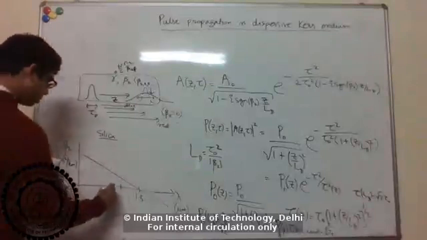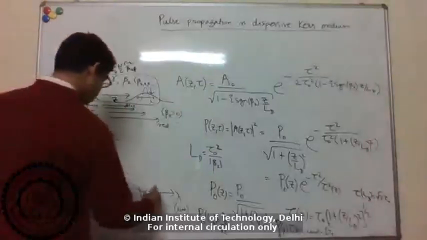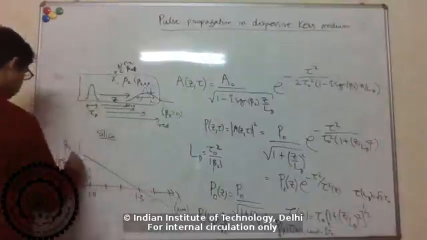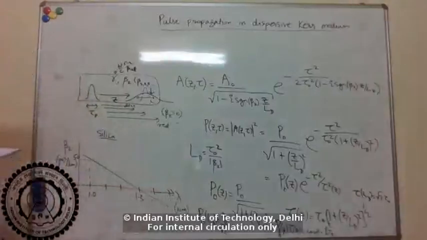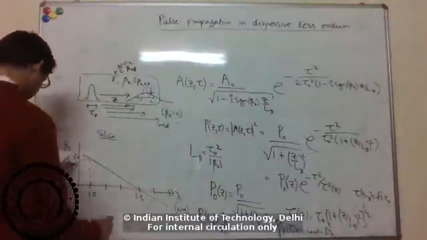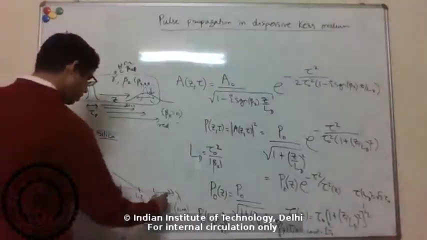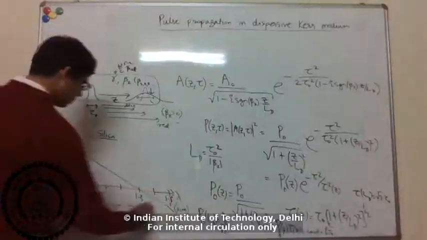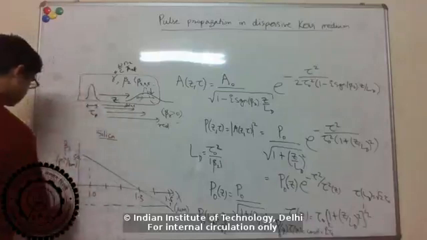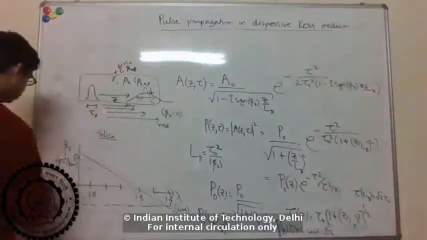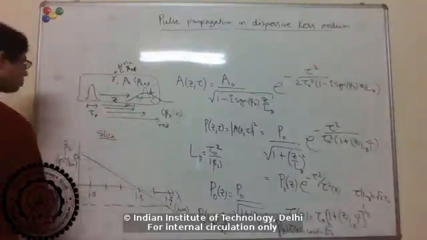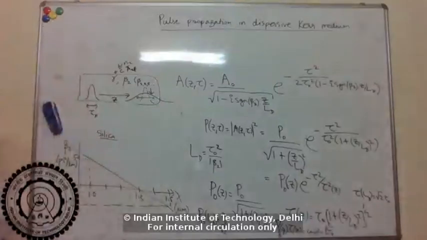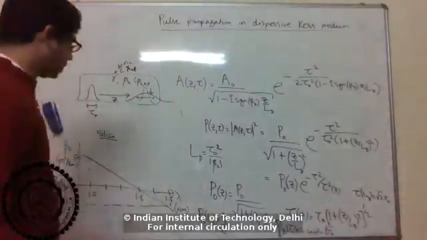Right, so at 1 micron, it is about 50 picosecond square per kilometer. Right, and at 1.5, it becomes anomalous. It's minus 25. But it crosses 0 at 1.3, right?